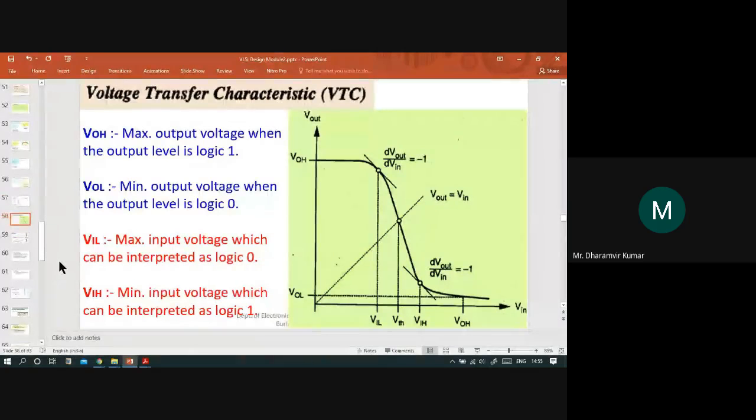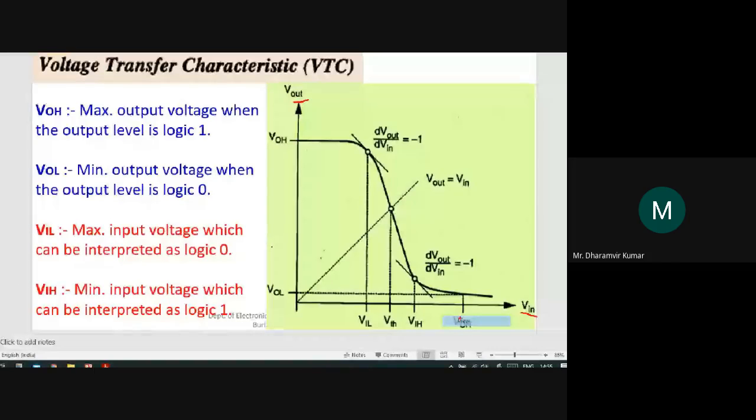Now coming to a more realistic transfer characteristic for the inverter, a more realistic VTC, voltage transfer characteristic. Look at this graph between input voltage and output voltage.